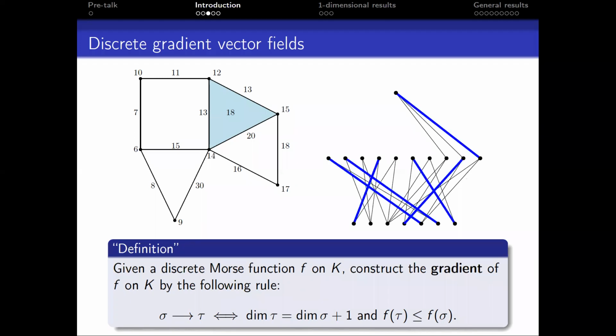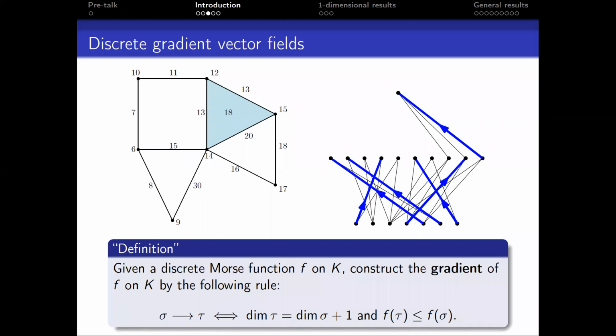So I will select the cells in which there's actually a flow. The rest are going to be critical because there's no flow, and I will just tell the direction in which the function changes. So maybe we can see the upper part of this one. Can someone identify what that flow is?